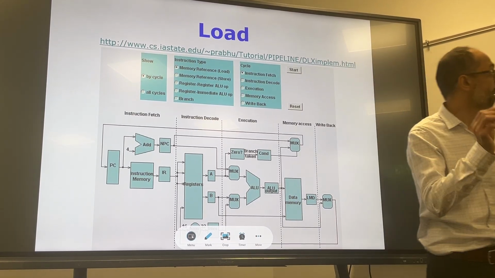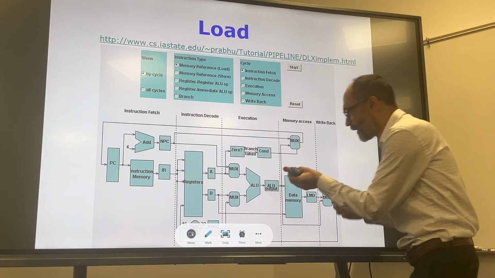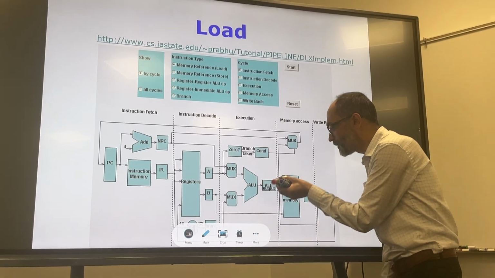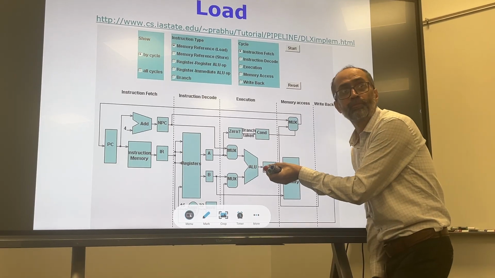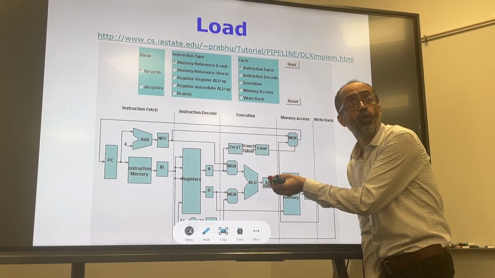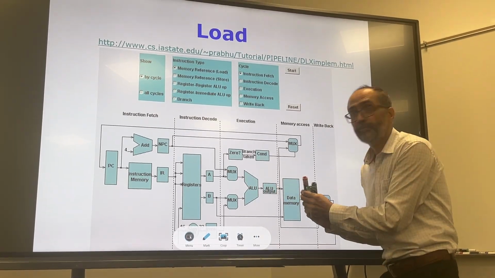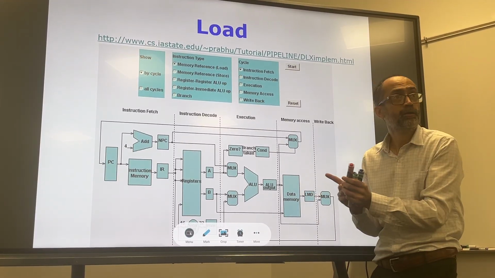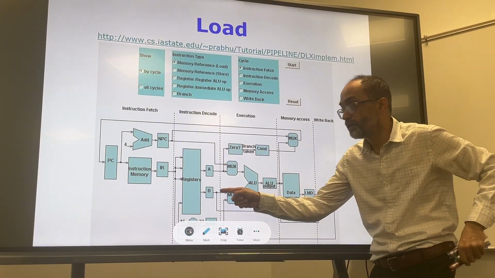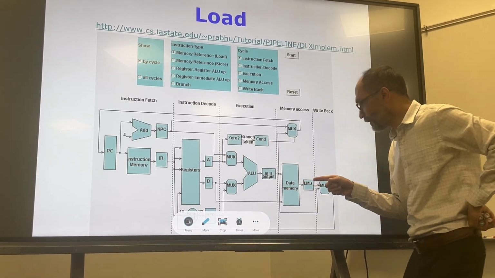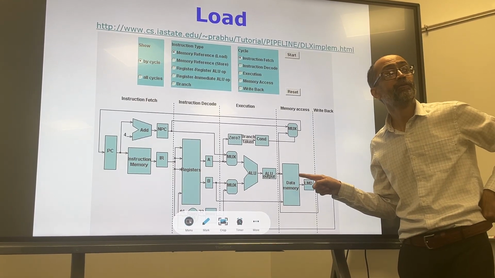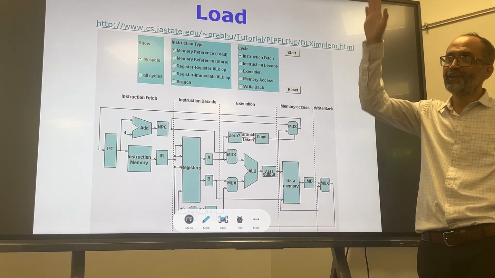Can you see that this data main memory is connected to the address line through what? ALUOUT 1. This data main memory is connected to the data lines through what? P2 for store instruction and LMD for load instruction. You got it or not got it?